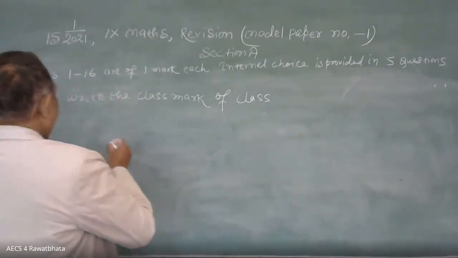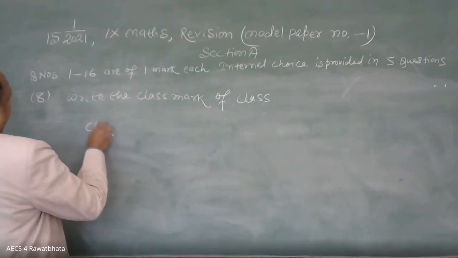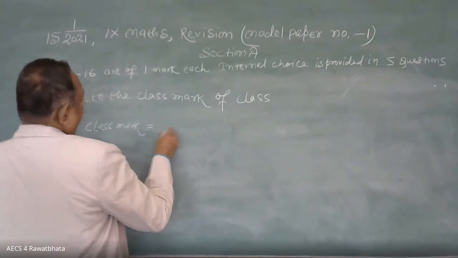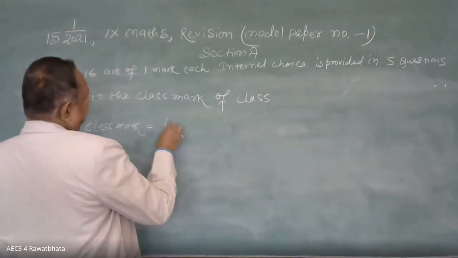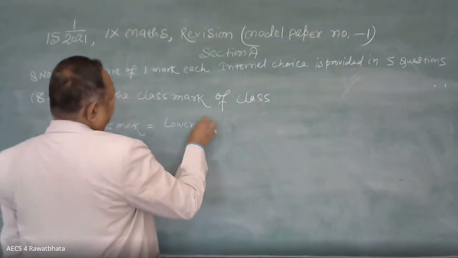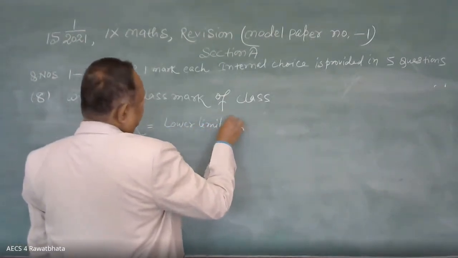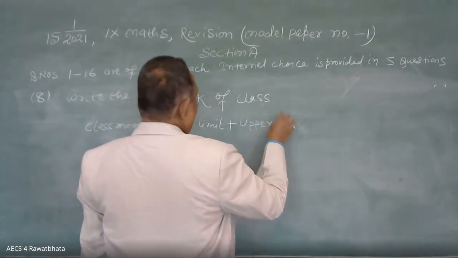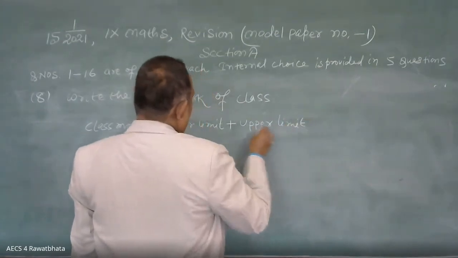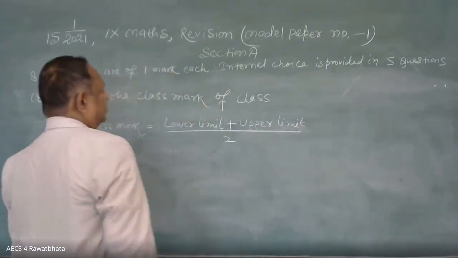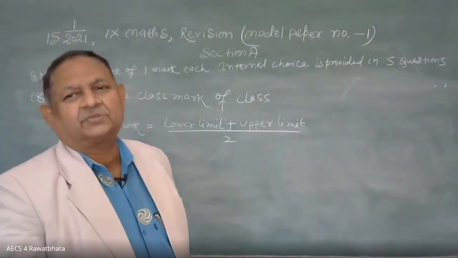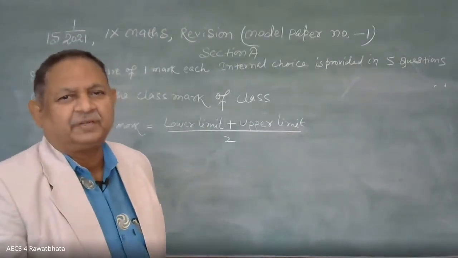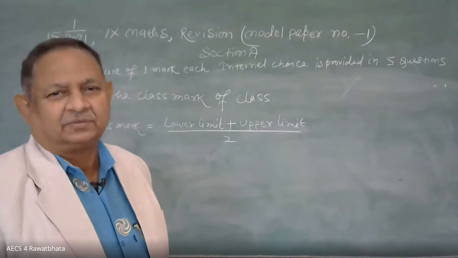So class mark is lower limit plus upper limit by 2. True lower limit plus true upper limit by 2. Or simply we can write lower limit plus upper limit by 2.